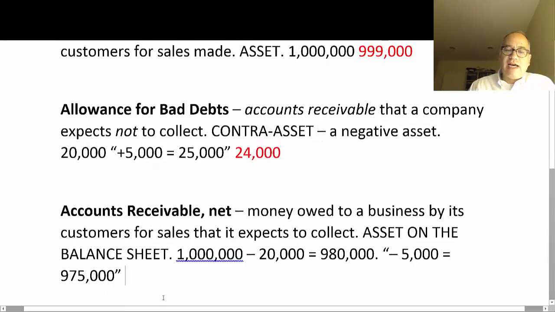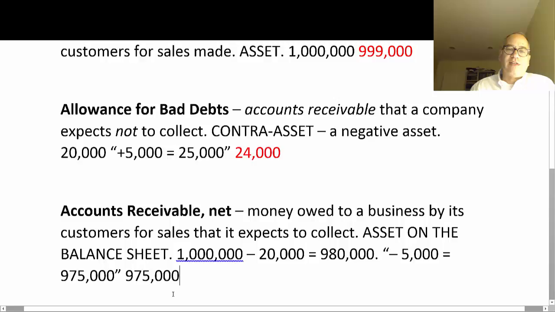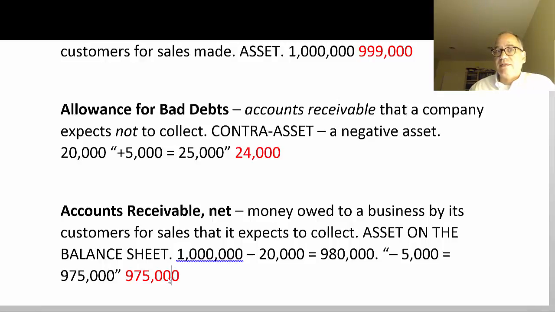And accounts receivable net would be reduced. Then $999,000 minus $24,000, accounts receivable net would still be $975,000 because 999 minus 24 is also equal to 975. So accounts receivable net would stay the same.